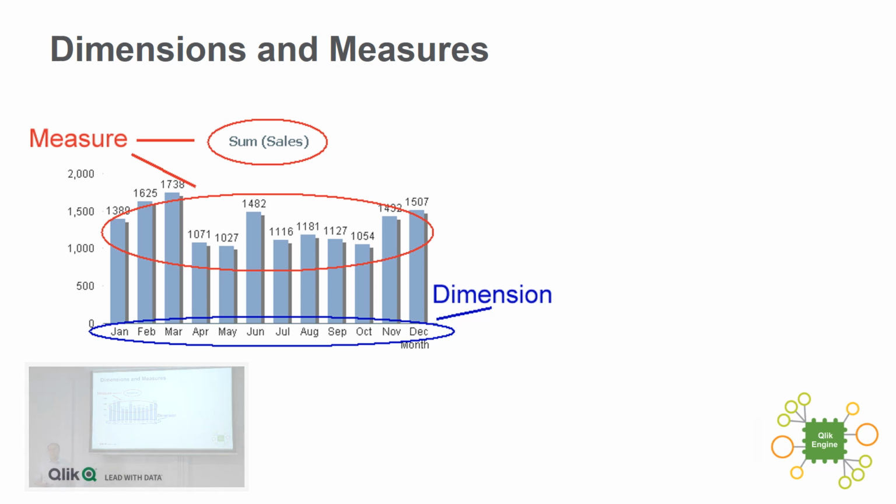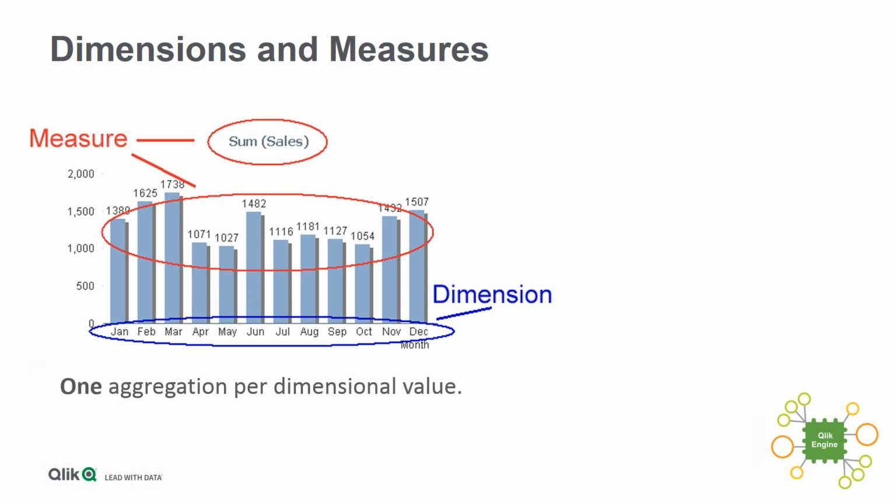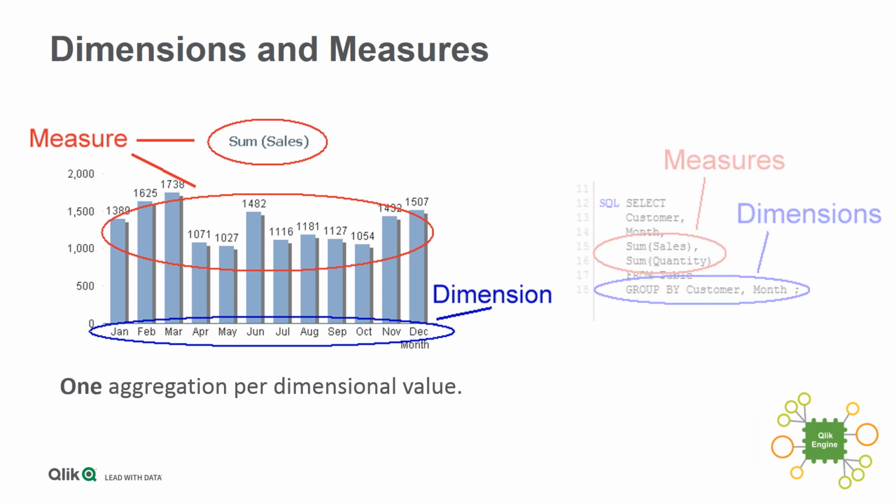So the dimension always looks at the number of distinct values. And you have to make one aggregation per dimensional value. If you know SQL, it will look like this. You have a select statement, and you have a group by clause. Well, the group by clause is the dimensions. And sum of sales, sum of quantity, those are the measures.